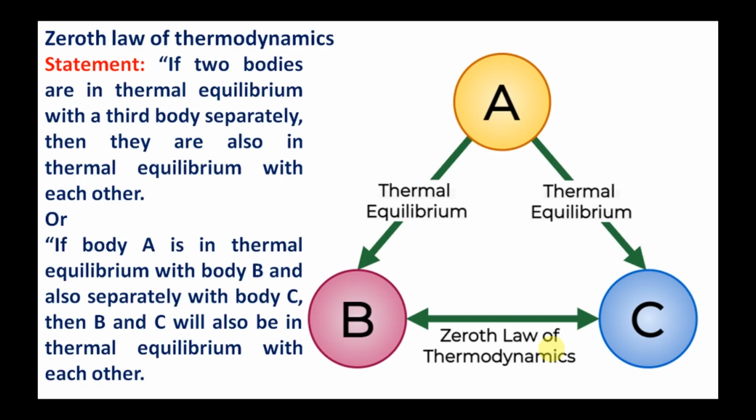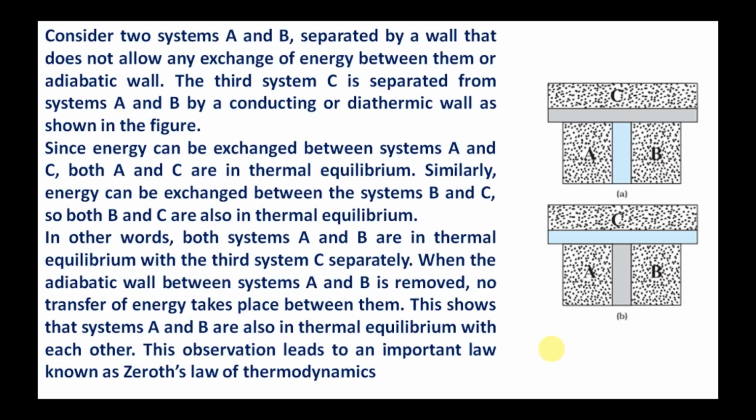Okay. For the explanation, here the two bodies A and B are separately connected with the body C we have taken. The bodies A and B are separated by a non-conductive wall, that is, an adiabatic wall, and bodies A and C, and B and C, are separated by a conductive wall or a diathermic wall.